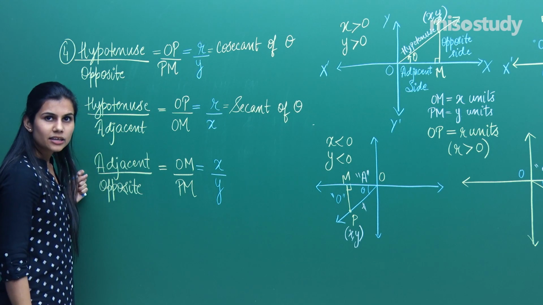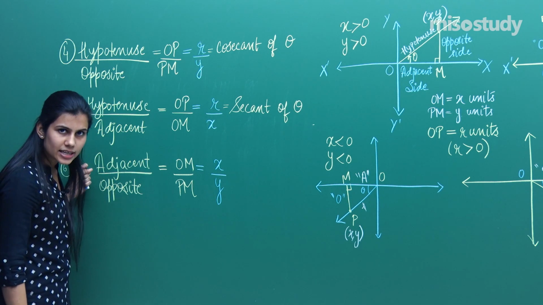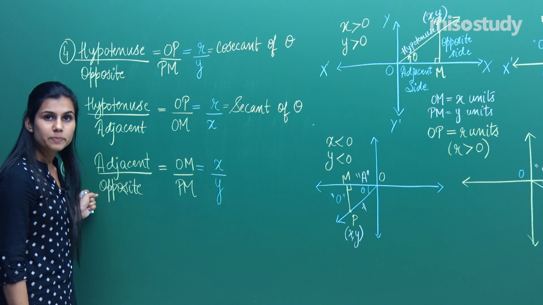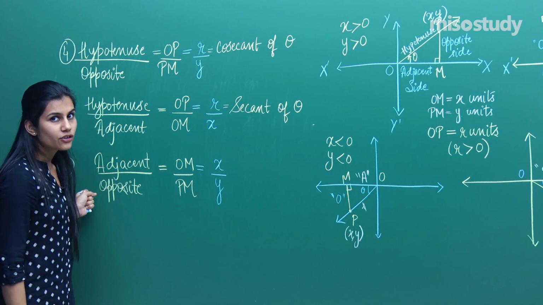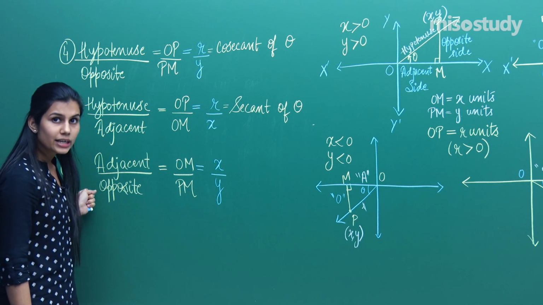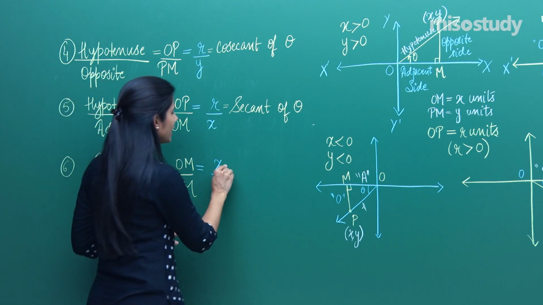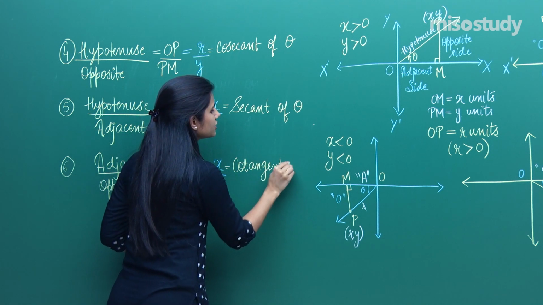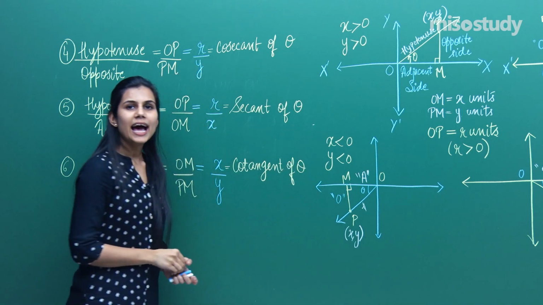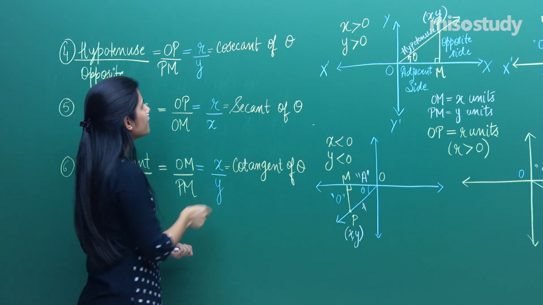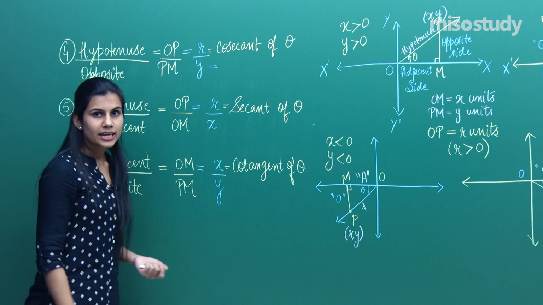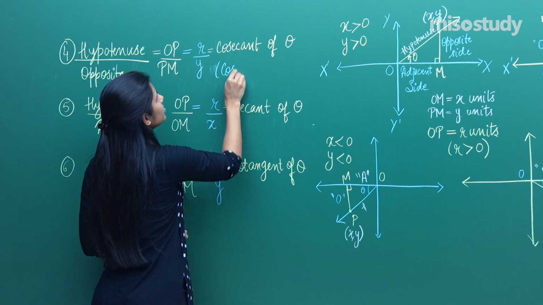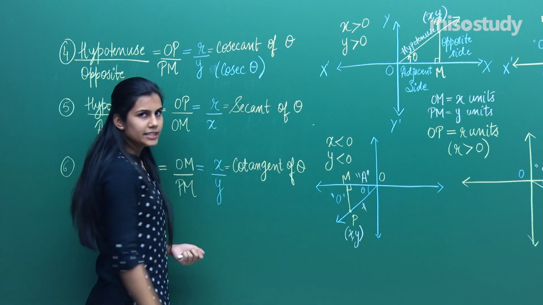And similarly, the ratio of the adjacent side with respect to theta with the opposite side with respect to theta sitting inside the right triangle OMP, which is the triangle of reference, this is known as cotangent of the angle theta. And therefore, this in short form is written as cosec theta.